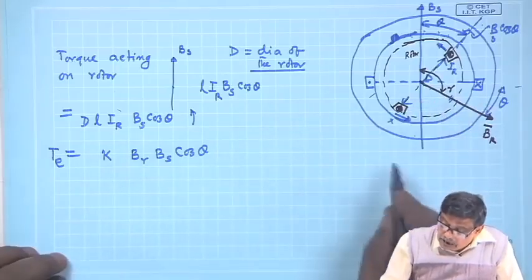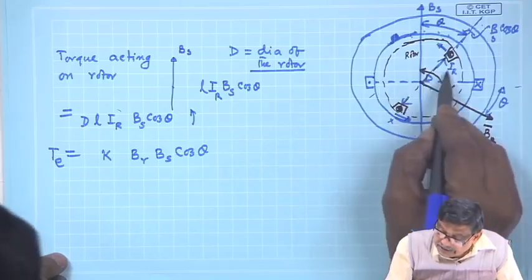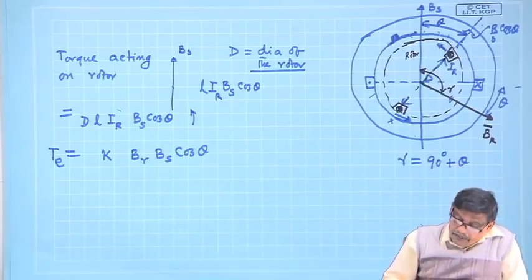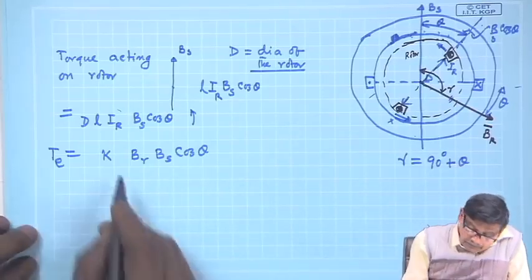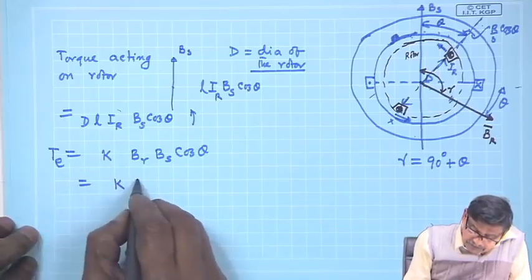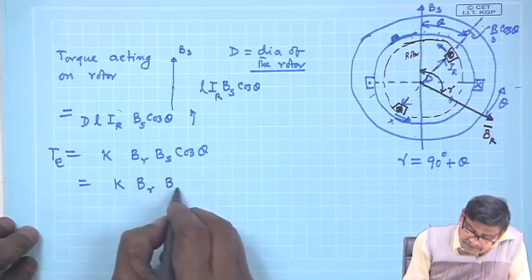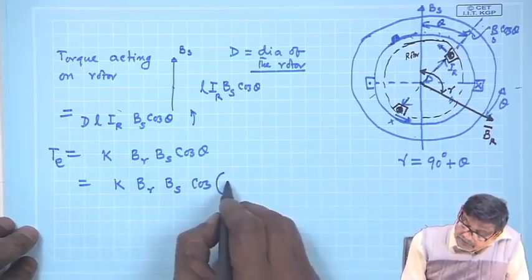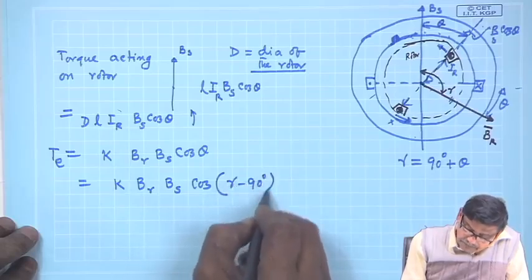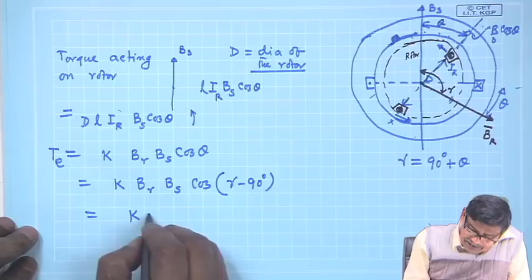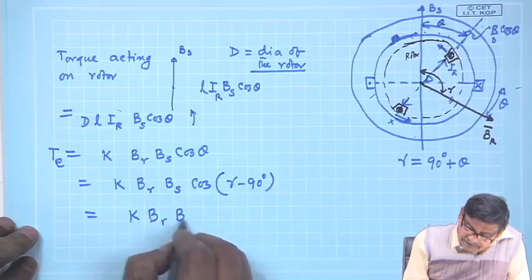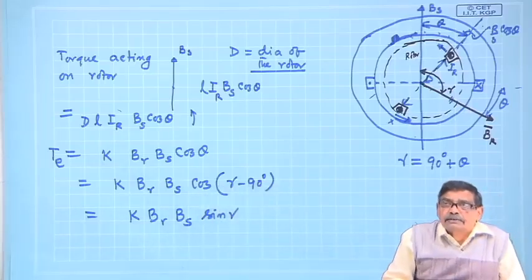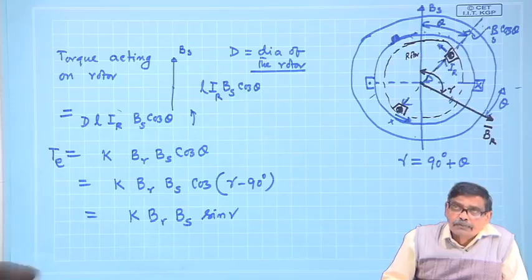So, gamma is nothing but 90 plus theta. Therefore, the expression of the torque is k BR BS cos theta, and cos theta is nothing but cos of gamma minus 90 degree, which is k BR BS sin gamma, because cosine of 90 minus theta is the same as cosine of gamma minus 90.